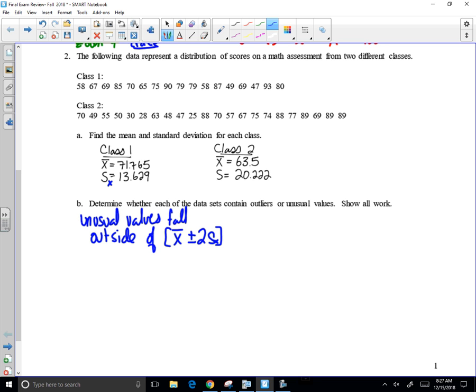The reason I'm mentioning this is because if you want to use the VARS menu to get these values, it would be VARS, Statistics.